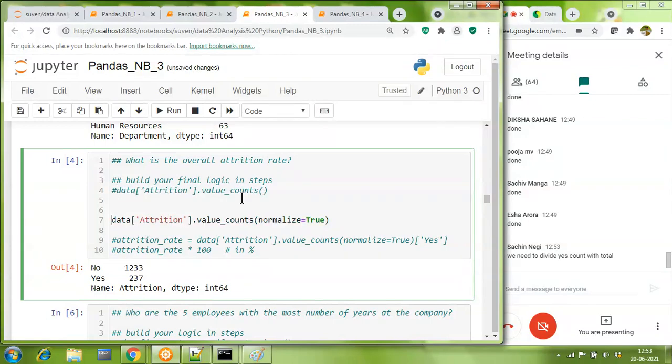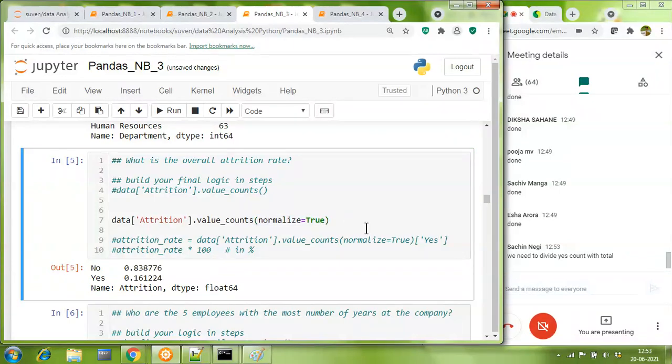There is an option with value counts where you can give an additional parameter called normalize equal to true. So what Sachin is prompting me on the chat, we need to divide the yes count by the total. Exactly, you're right. But we don't really have to divide, because that work is done by putting the option normalize equal to true. See this.